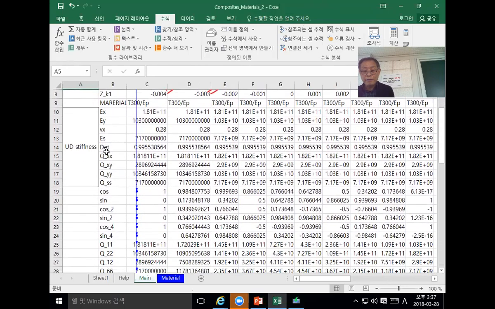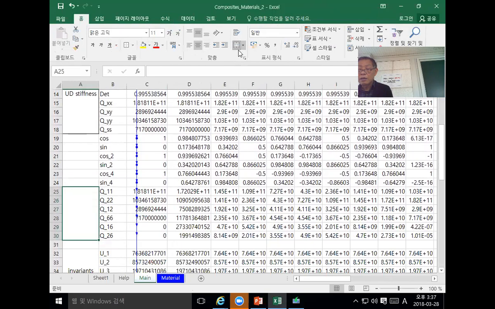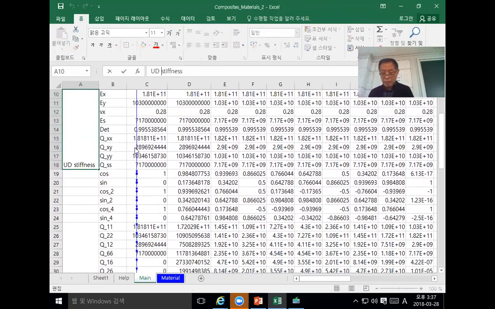This is the UD stiffness, and this is the UD on-axis stiffness, you can call.